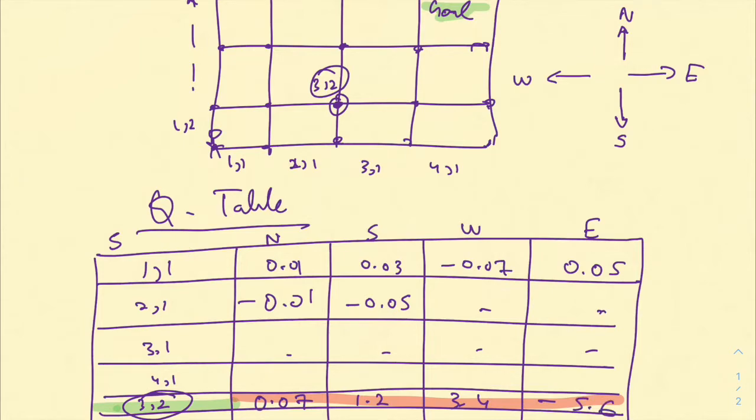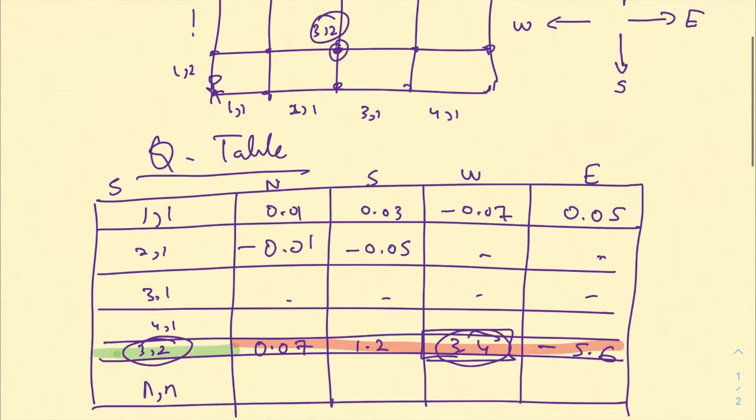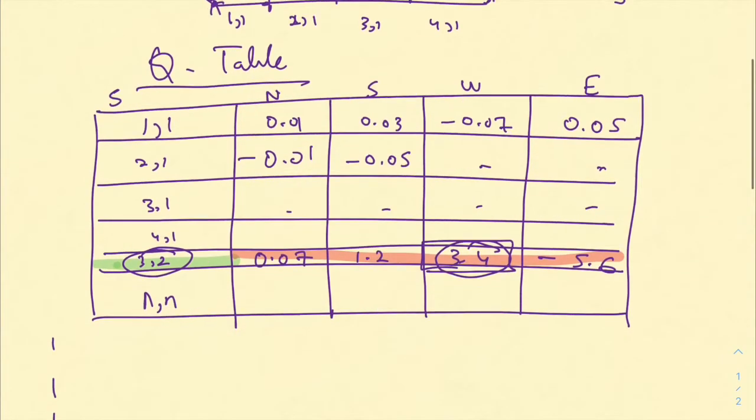I will look at each action that I can take from that state and find the maximum value. So here the maximum value is 3.4. That states that taking west would be the most appropriate action, and that will give me the most reward in the long run. So I will choose that action. Then after taking that action, I will move to another state, let's say I move to 3 comma 1.